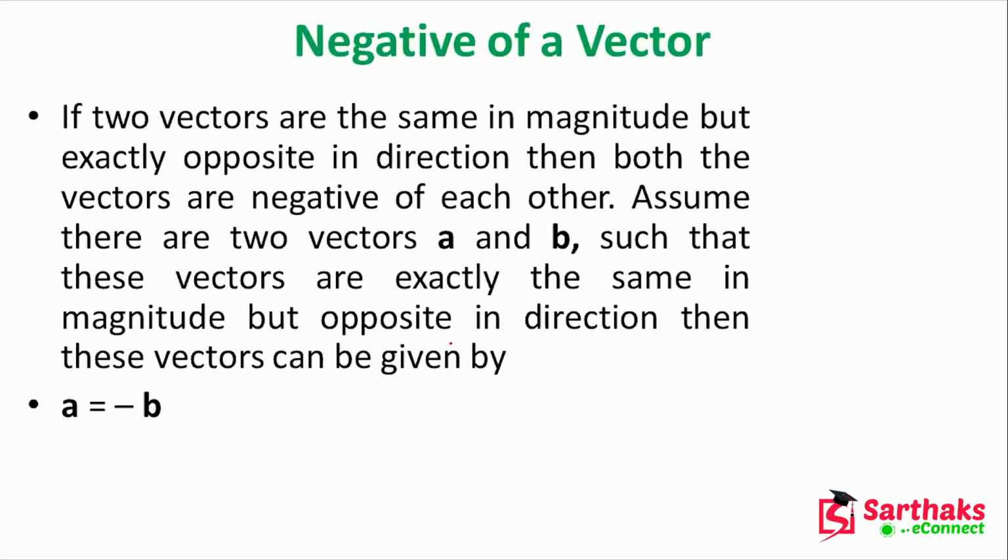Negative of a vector. If two vectors are the same in magnitude but exactly opposite in direction, fine. Let this be vector A and this be another vector B. Both are of the same magnitude but opposite in direction.